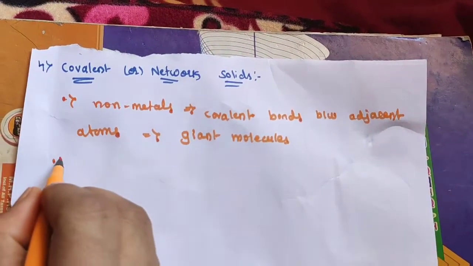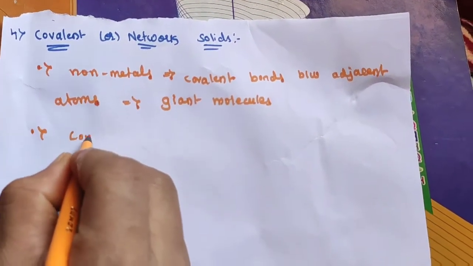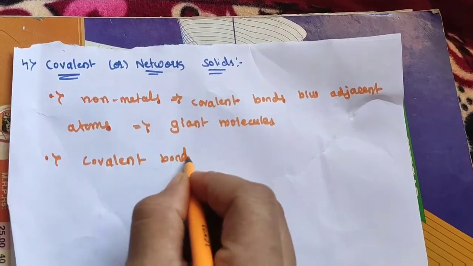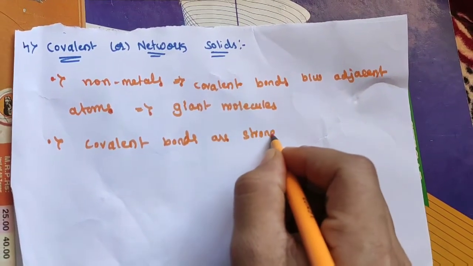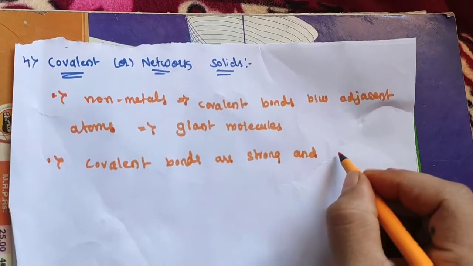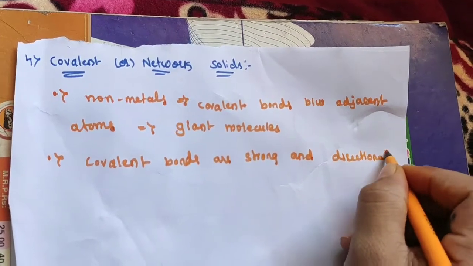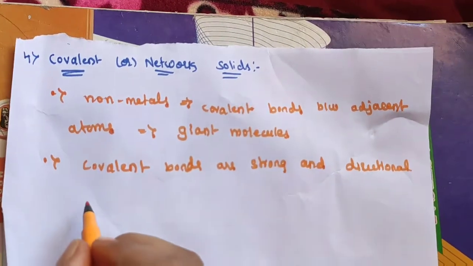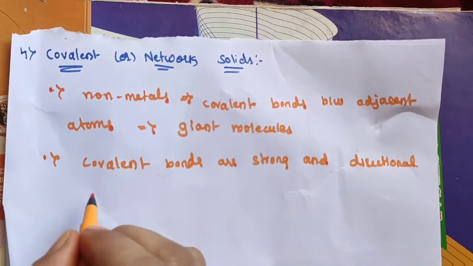Next, the characteristics: the covalent bonds are strong and directional in nature. Therefore, atoms are held together strongly at their positions.